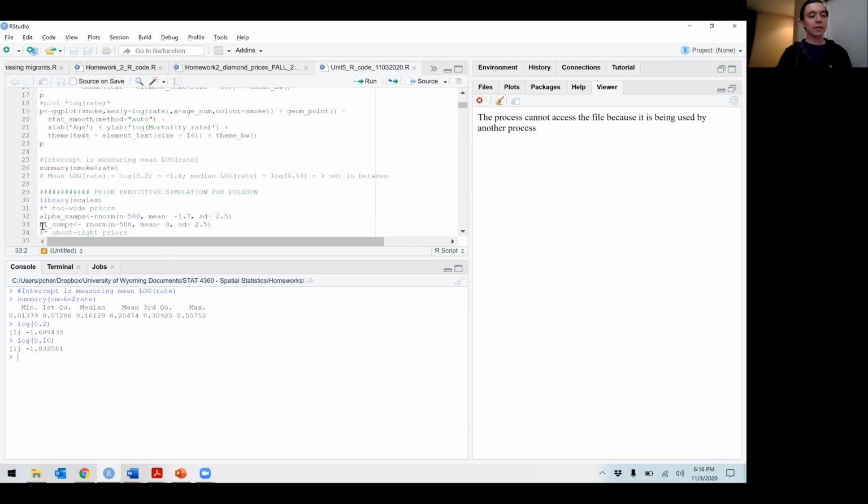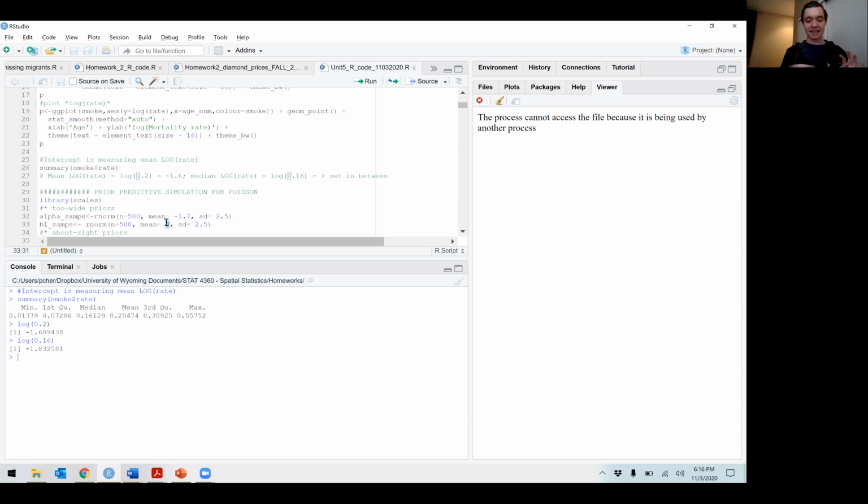The prior for the betas is a little bit less controversial. Remember, if we center and scale, it makes sense to set our prior mean to be 0. We're not a priori assuming a positive or a negative effect, although if there was ever a time to assume a positive effect, it would be with age and mortality.